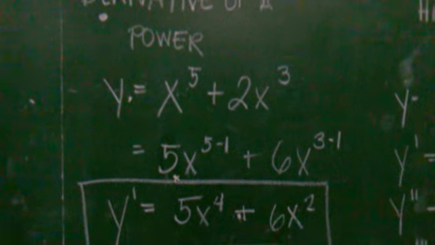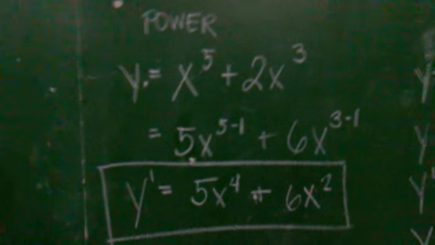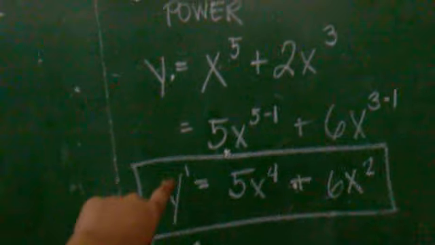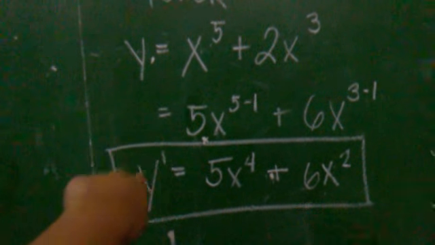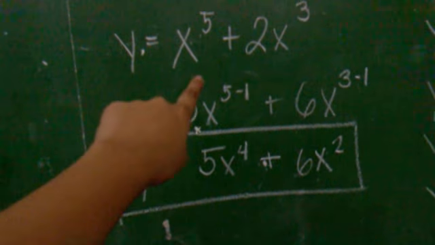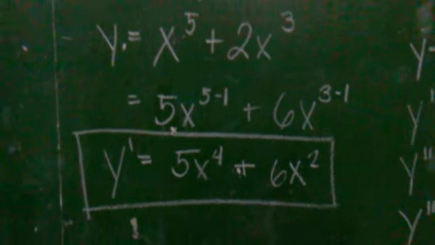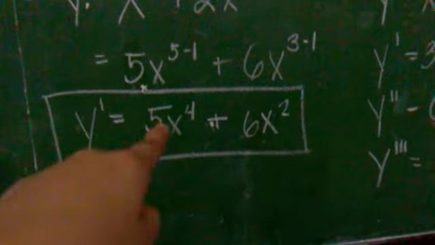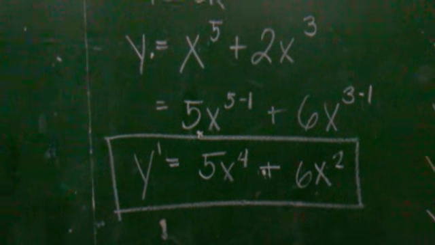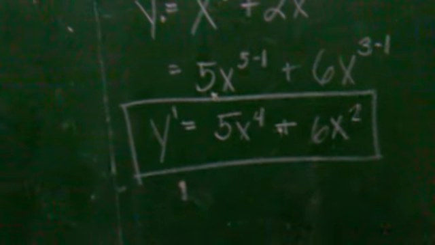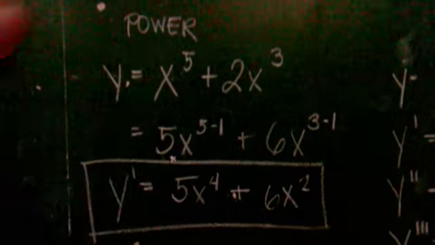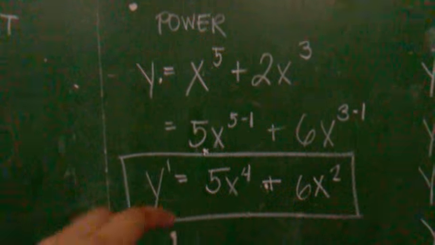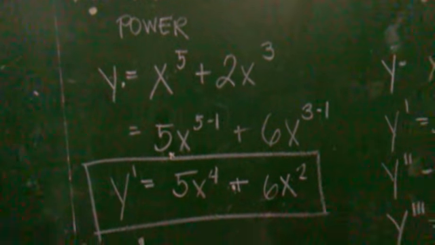In this example, you can see that the exponent 5 was moved from the exponent to the side of the variable x, and we subtracted 1 from the exponent 5.